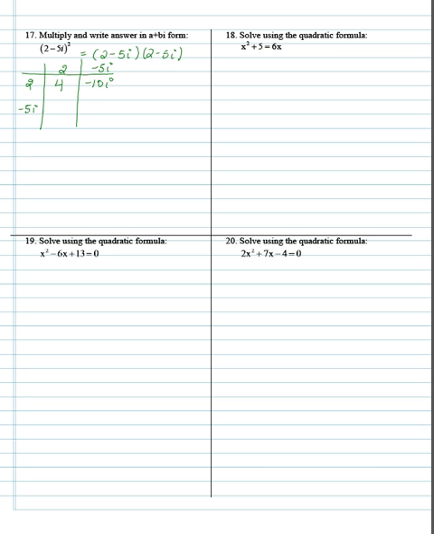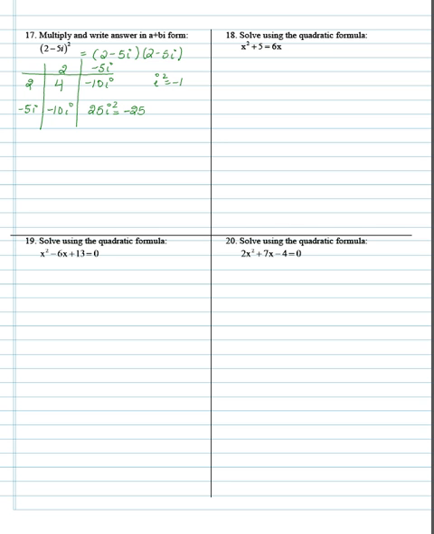Negative 5i times 2, negative 10i. Negative 5i times negative 5i is positive 25i squared. Remember, i squared is negative 1, so I'm going to replace this with negative 1. That becomes a negative 25.